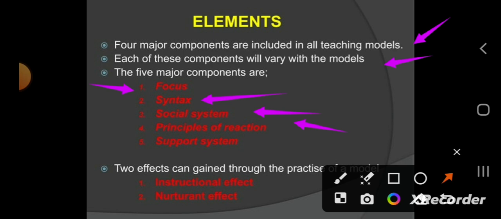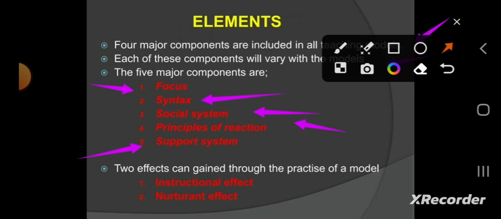It includes strategies for providing feedback, managing behavior, and adjusting instruction based on student responses. Support system. This includes resources, materials, and external aids that support the implementation of the model. It encompasses tools, technology, and any other resources that facilitate the teaching process.